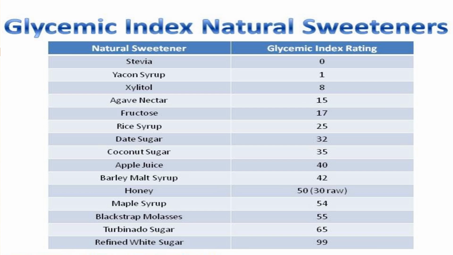So when you consider stevia, it is something which does not contain calories, so it is going to be 0 for glycemic index. Whereas when you consider refined sugar, it has a glycemic index rating of 99, which means that it will get immediately converted into glucose or energy when we consume such sugars.